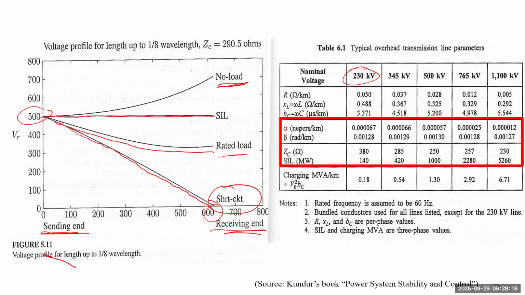For a 230 kV line, if you know the typical size of the conductor, you can calculate the geometric mean radius, GMR. And if you know the spacing for a 230 kV line and what the tower may look like, you know the geometric mean distance, GMD. So knowing GMD and GMR, you can calculate L and C. After you calculate L and C, the surge impedance is simply the square root of L divided by C, right?